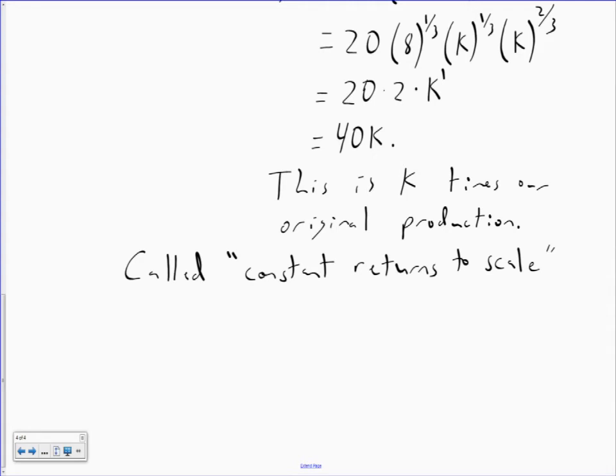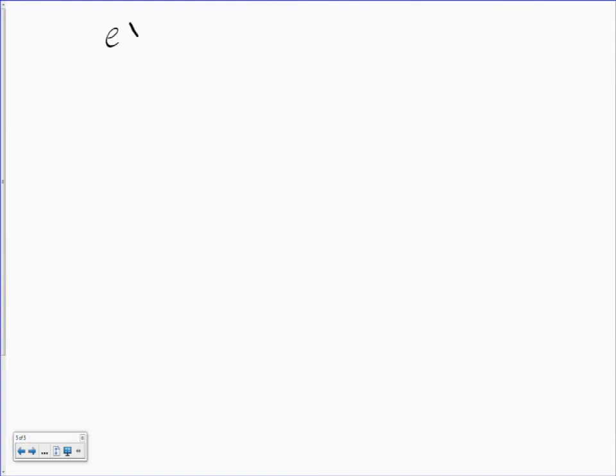All right, we're going to do one more example. We're going to build this function.